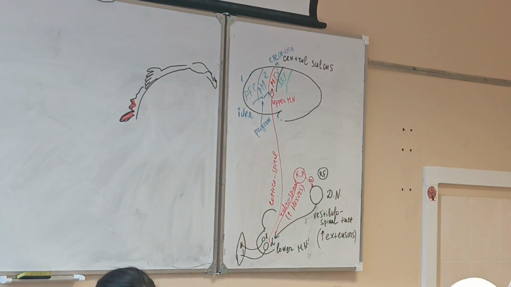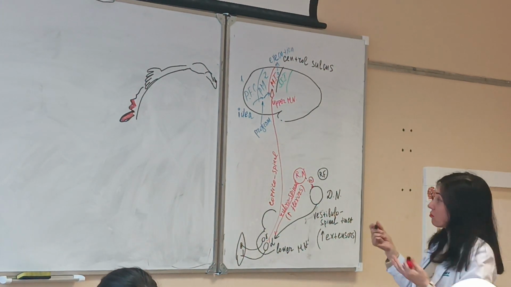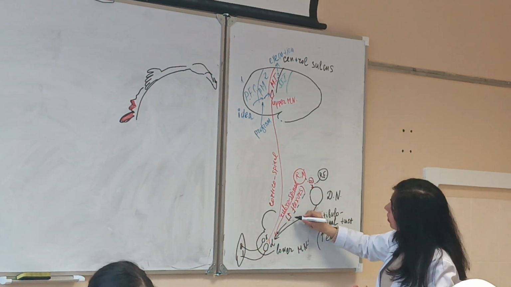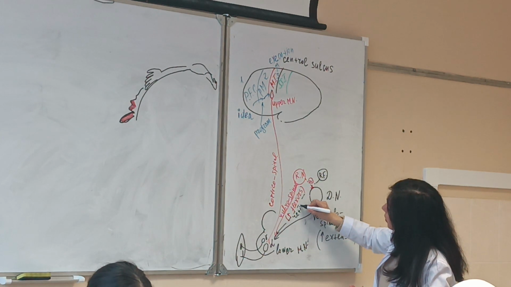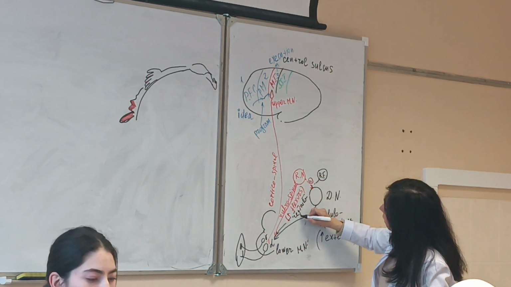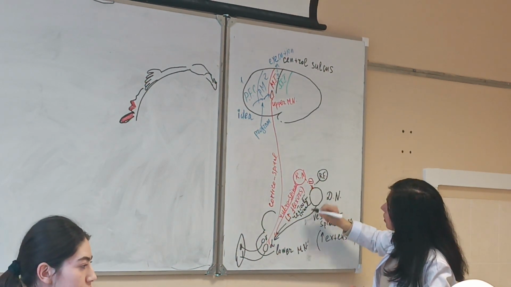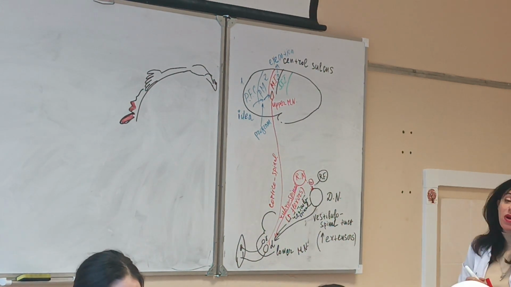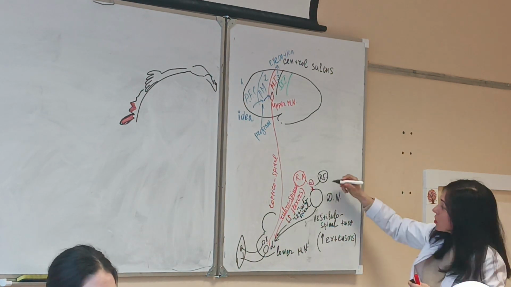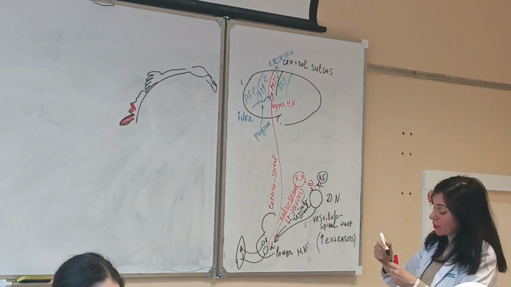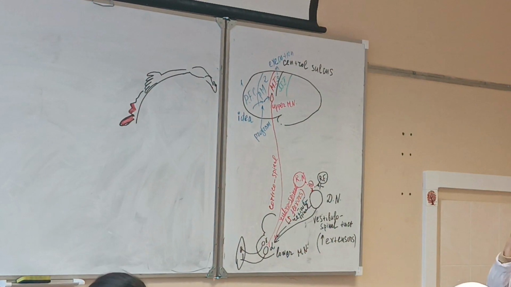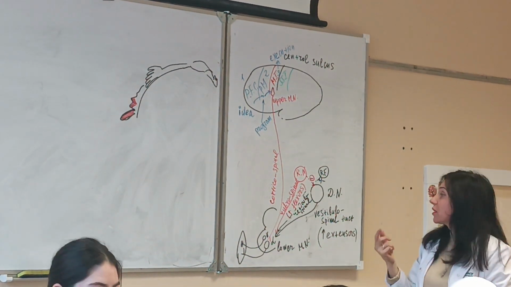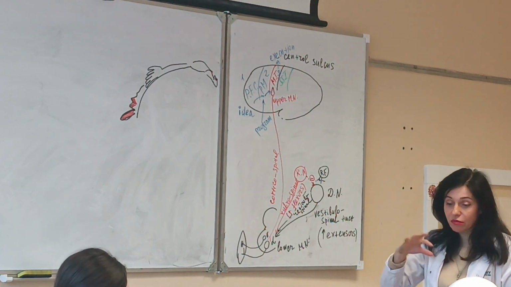We will not discuss details, only the name. The reticular formation is located in the midbrain as well as in the medulla, so in the whole brainstem.